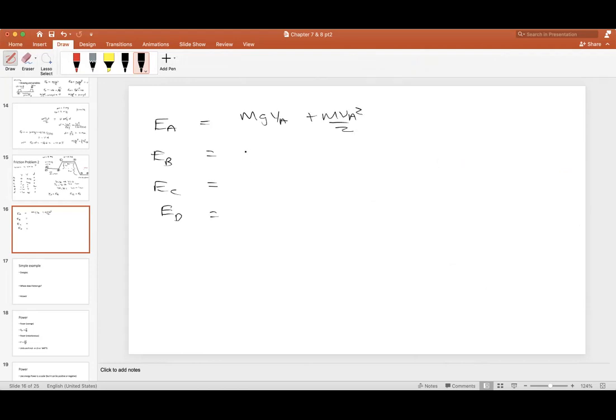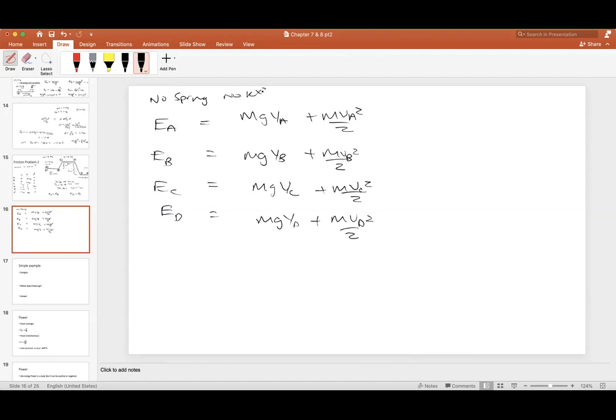I'm going to leave springs off, although I would expect you to write them if I wanted you to do this on an exam, because again, I want to see your process, and your process should be to remember to write down all types of energy available and then cross out the ones that don't matter. So if you don't want to write them, at least write no spring, so no kx squared over 2 terms. And that's fine.